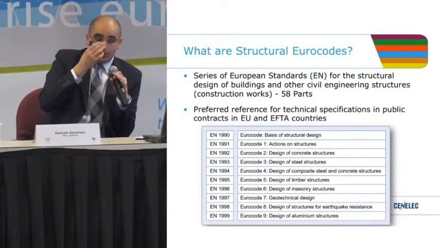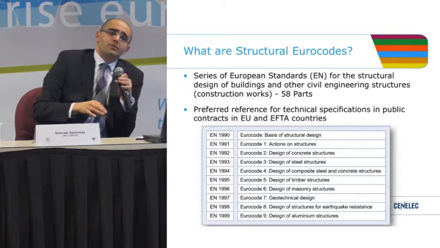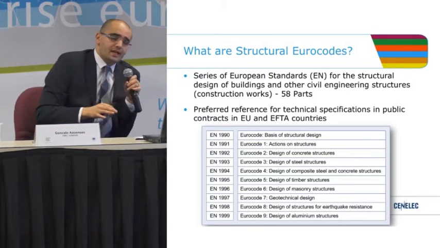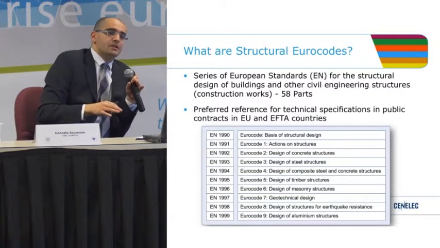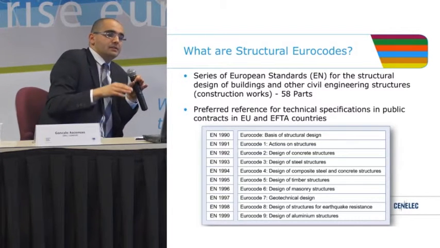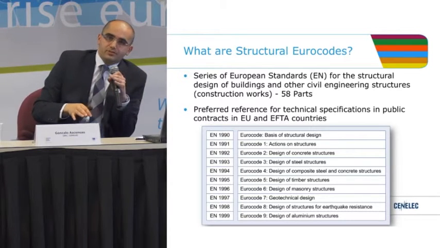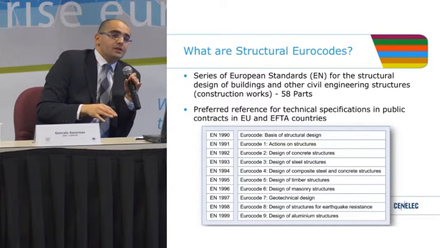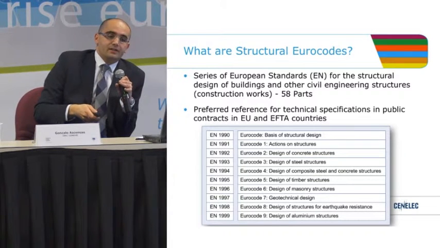Now, what are the structural Eurocodes? It's a series of European standards for structural design of buildings and other civil engineering structures. We have 58 parts, and you can see a list of them, and they are the preferred reference for technical specifications in public procurement in the EU and in NAFTA.